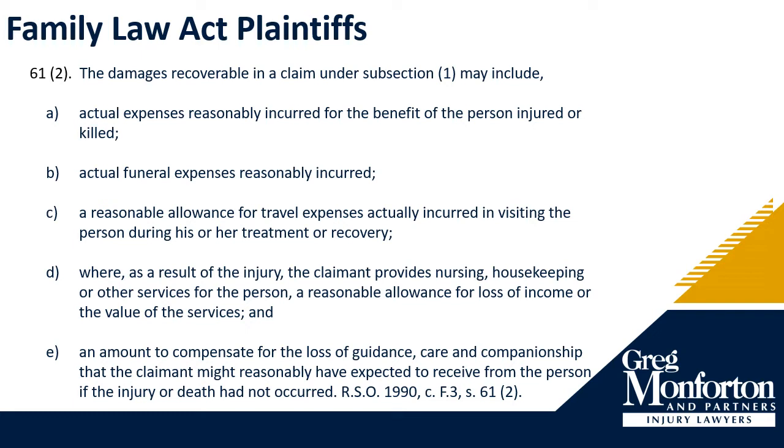It's that emotional loss that they've had to endure because of the individual's death or injury. It includes things such as loss of advice, loss of care that would have been provided to them had the deceased survived, loss of activities that they enjoyed doing together, and really boils down to the emotional elements of their relationship.